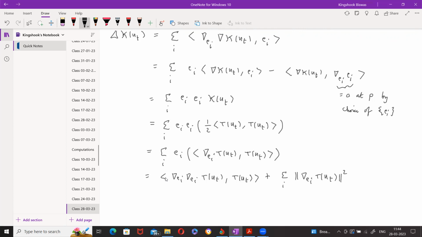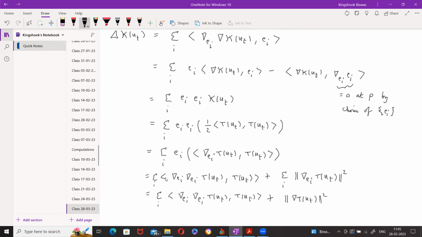So there's a sum over I here: sum over I, nabla EI nabla EI tau ut, inner product tau ut, plus this second term I can just write as the norm squared of nabla tau ut. Is this clear?